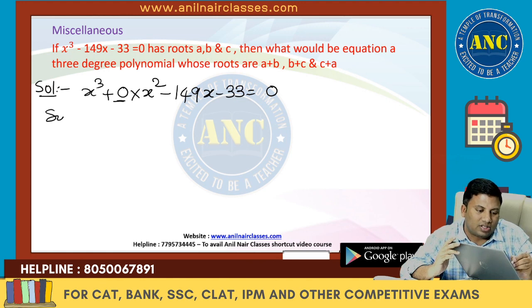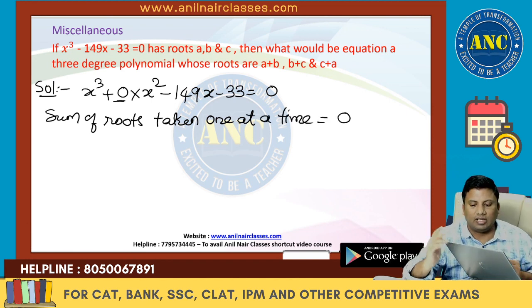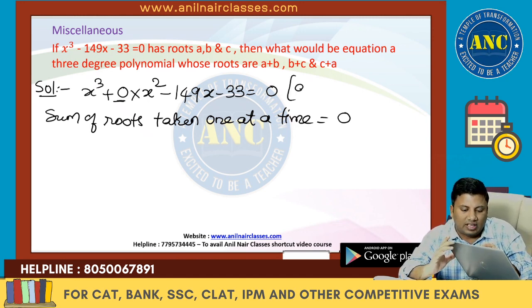So 0 into x square, that means the sum of the roots taken one at a time is nothing but 0. What are the roots for this equation given? A, B, C are the roots of the equation.